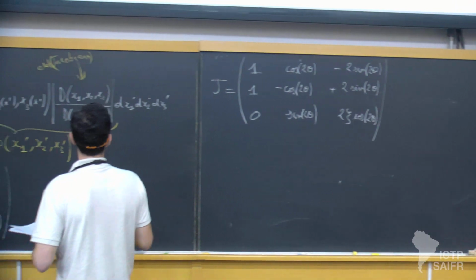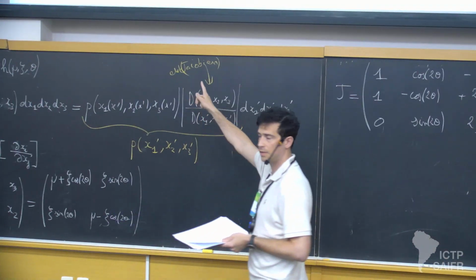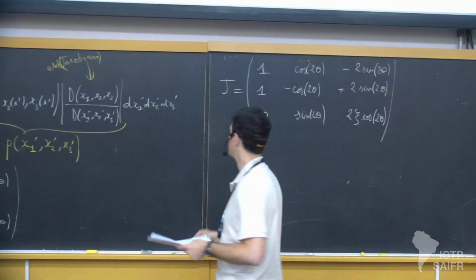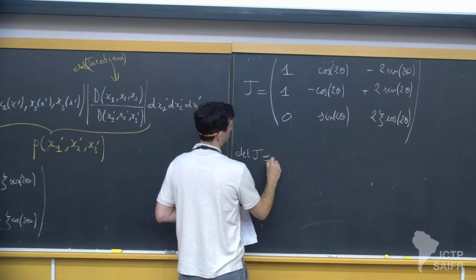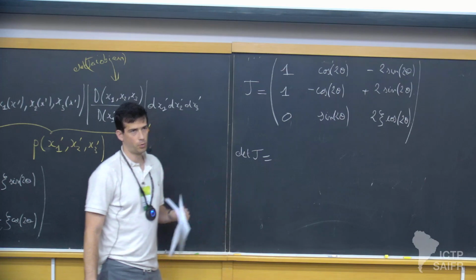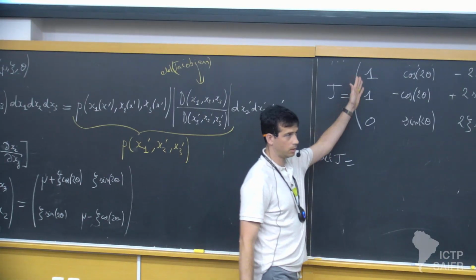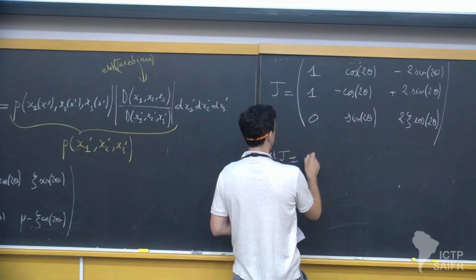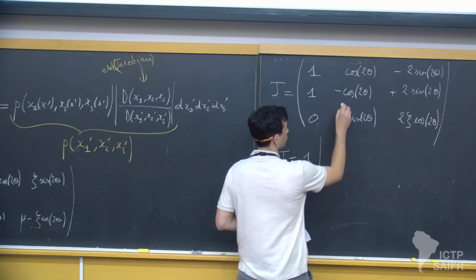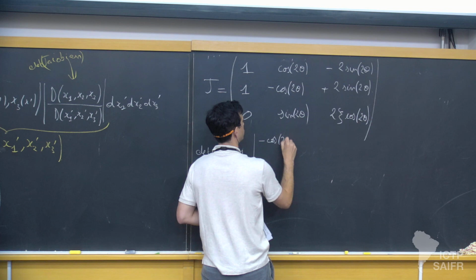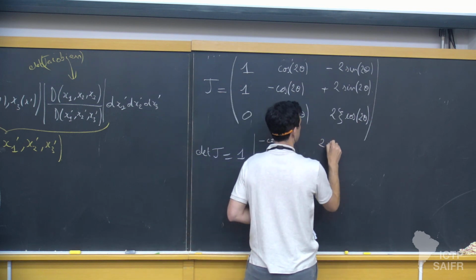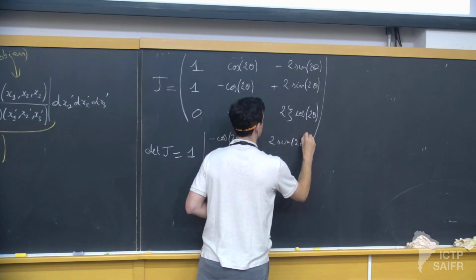Okay, for this I need to write the determinant of this matrix. Here, the determinant of J, I don't know how you want to calculate it, but you could do a column expansion. So you would have 1 times the determinant of this square, minus cosine 2 theta and 2 sine 2 theta.